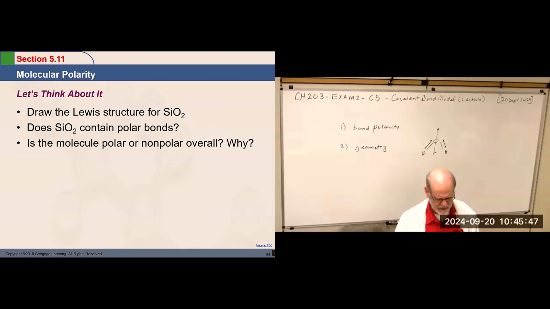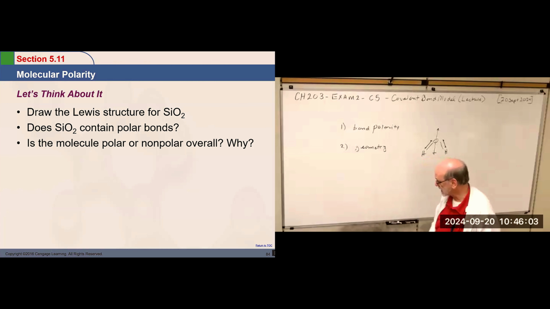Okay, silicon dioxide, does it contain polar bonds? More than likely, silicon and oxygen are far enough apart. So is the molecule polar or nonpolar?